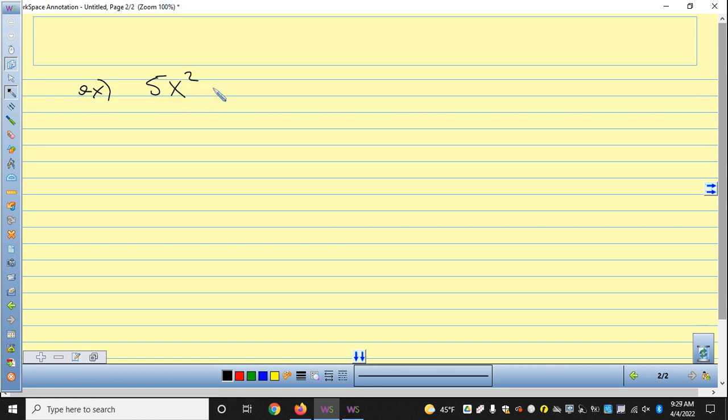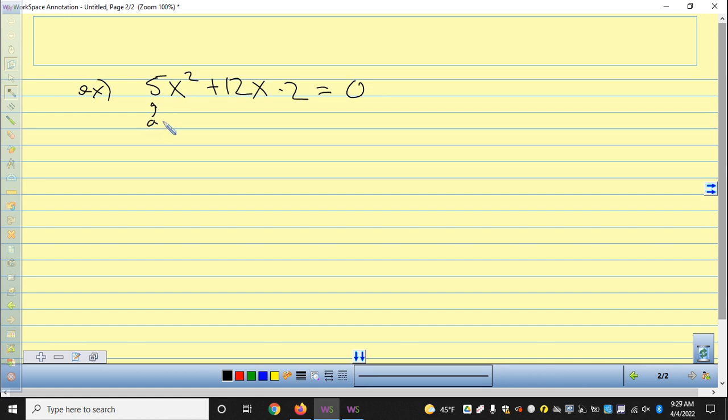5x squared plus 12x minus 2 equals 0. And we want to solve this. So we could try to factor this.